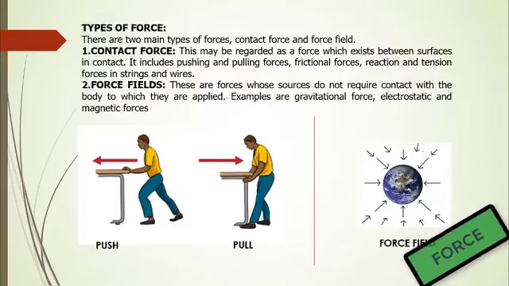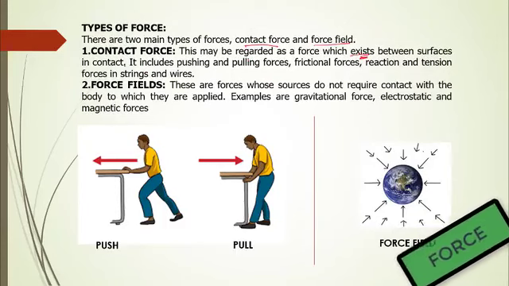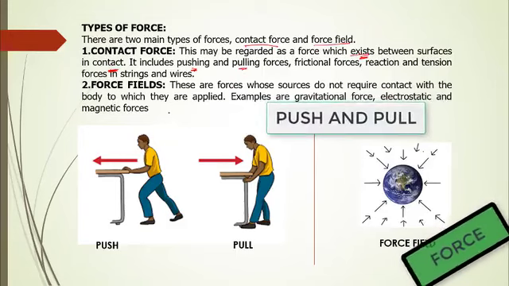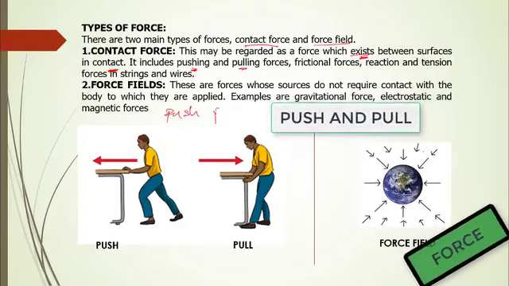Now let's look at the different kinds of forces we have. We have two main kinds of forces: contact forces and force fields. Contact forces are forces that exist between two surfaces in contact. We have two main kinds of contact forces: push and pull. These are the two main types of contact forces.